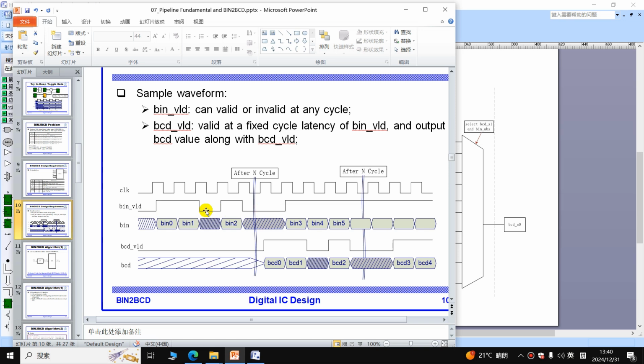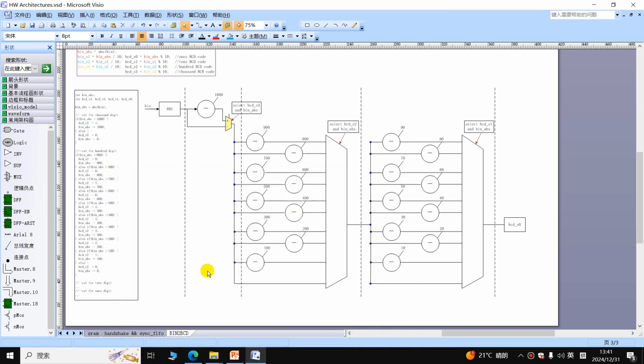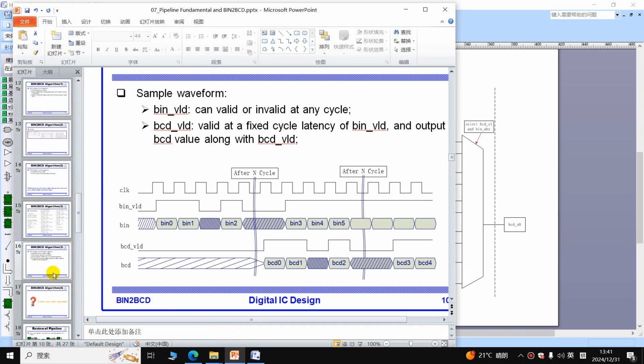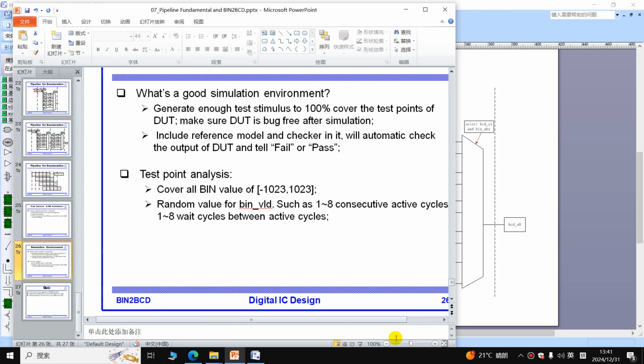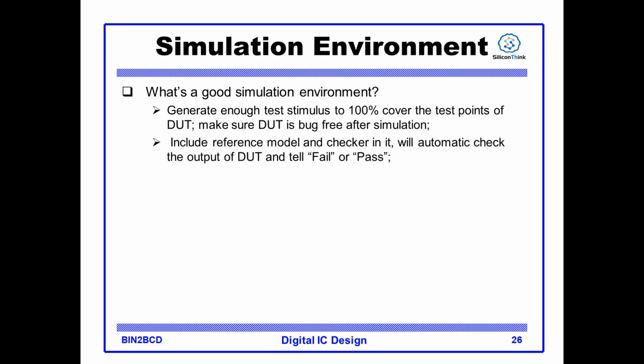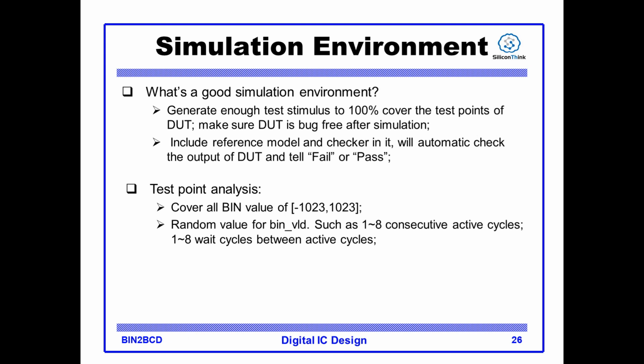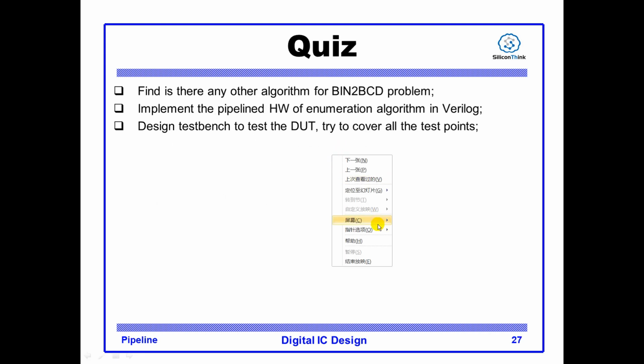Yes, you have tested the combination of valid and invalid cycles for the valid input. Okay, of course, you can figure out more test points in this problem. Yeah, the test points you are interested in. Okay, that's all for this section.